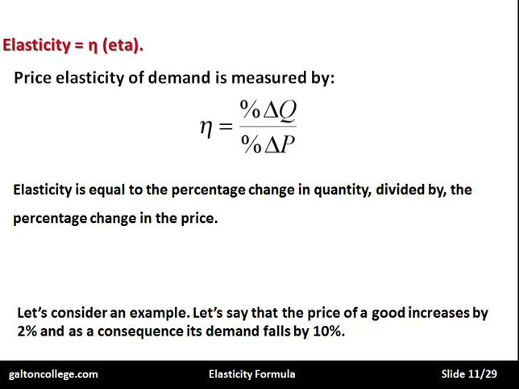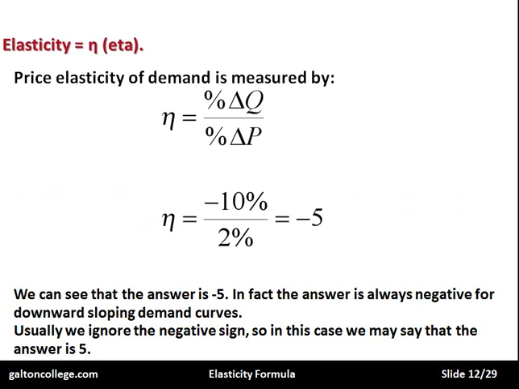Now insert it into the formula, and here we have the page we had earlier. So it's minus 10% over 2%, which is equal to minus 5.